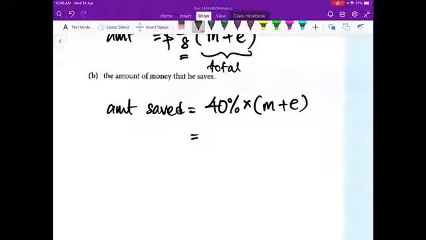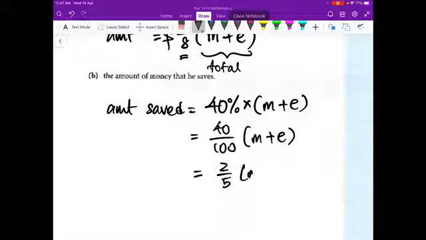What is 40% in a fraction or decimal? 40 over 100 M plus E. What is 40 over 100 in its simplest form? 2 over 5 M plus E.